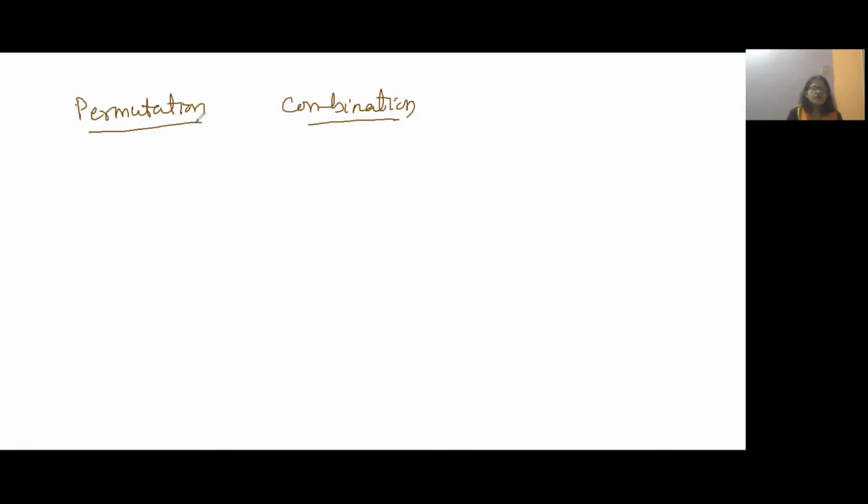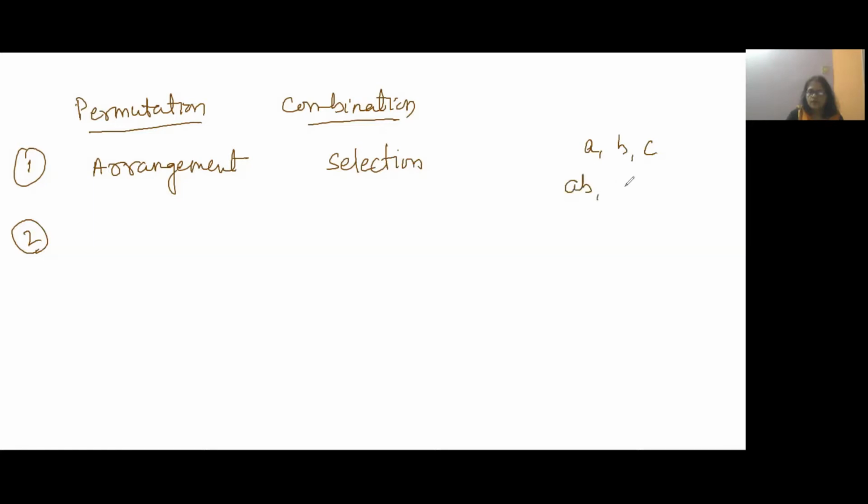First of all, permutation, as we know, is arrangement of objects, and combination is selection of objects. Whenever we say arrangement of objects, for example, if I write A, B, C, three objects taken two at a time, and we want to arrange them: AB, BC, CA, then BA, CB, AC.